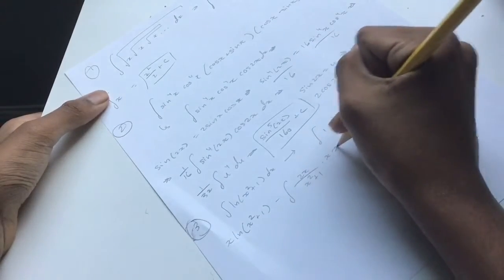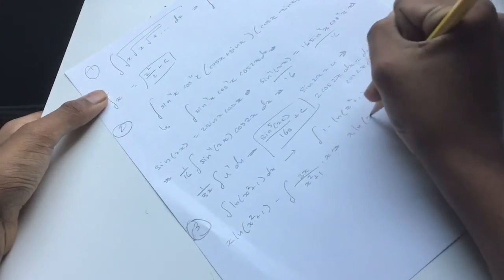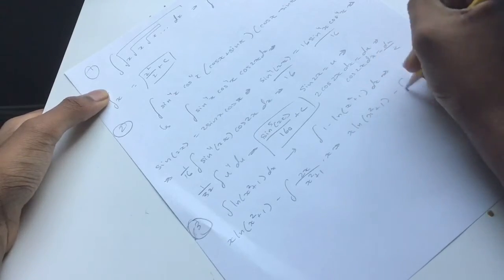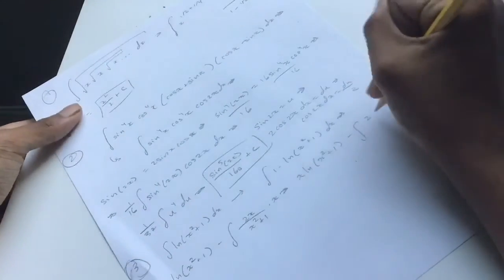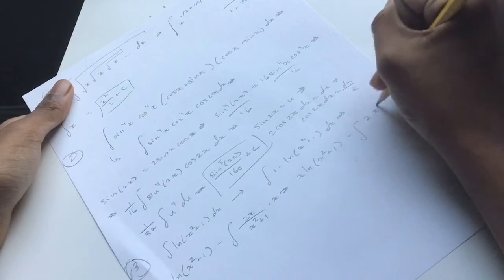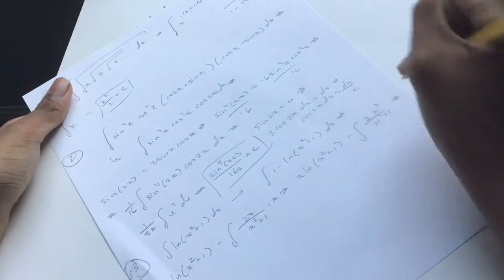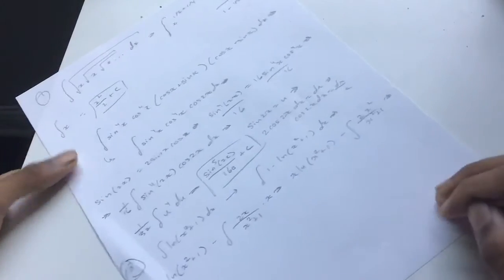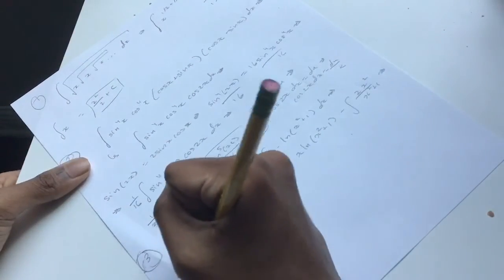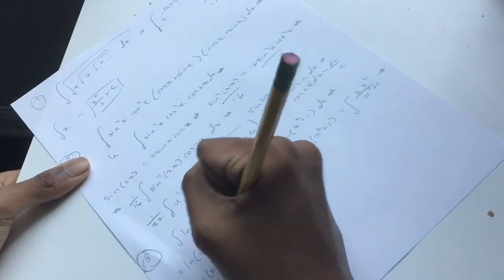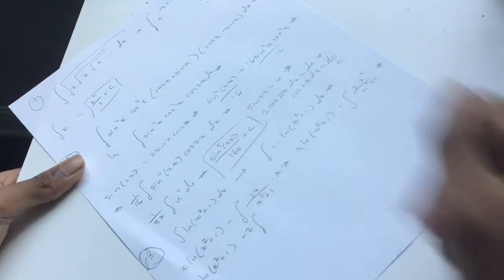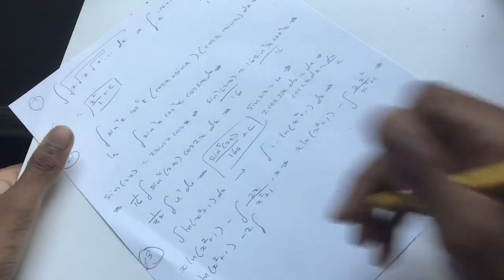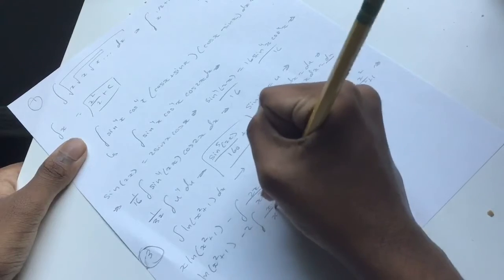This becomes x ln of x squared plus 1 minus the integral of 2x squared over x squared plus 1. I see a clear path. This becomes x ln of x squared plus 1 minus, we bring out the constant, 2 times the integral of x squared over x squared plus 1.